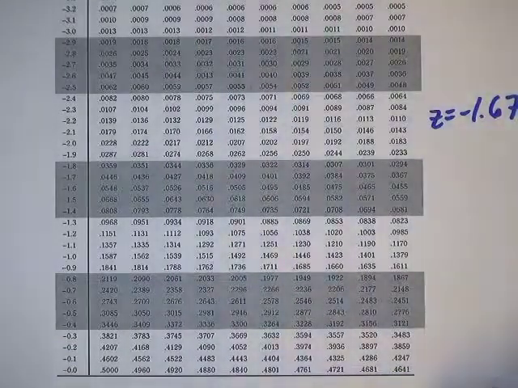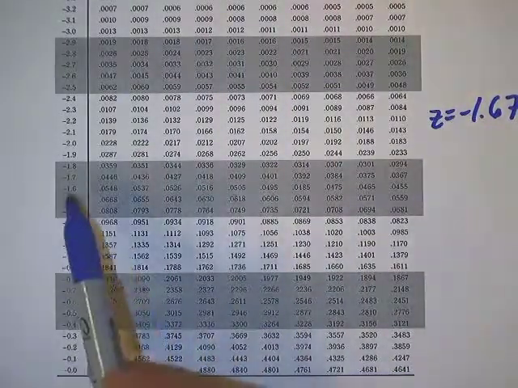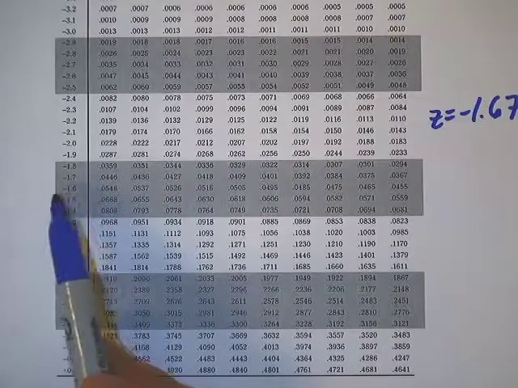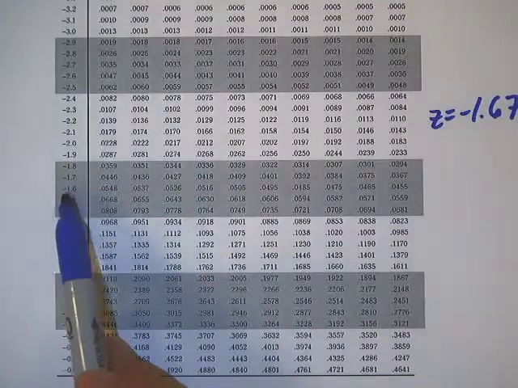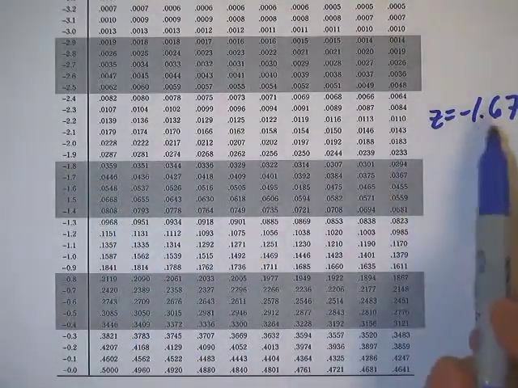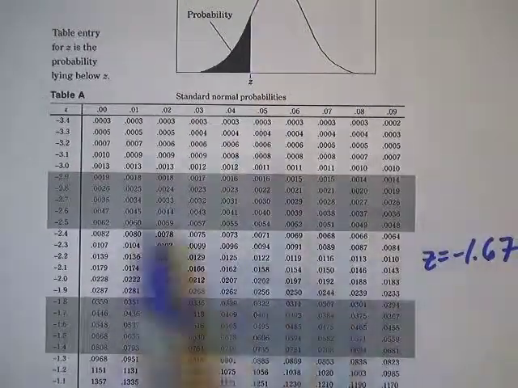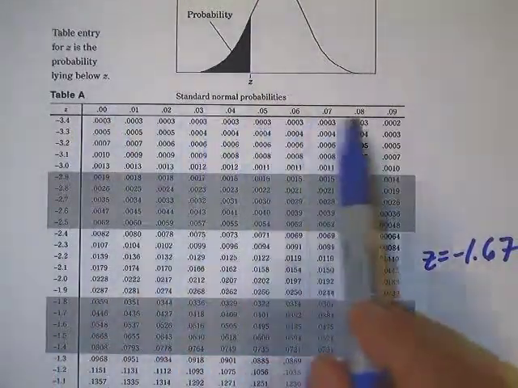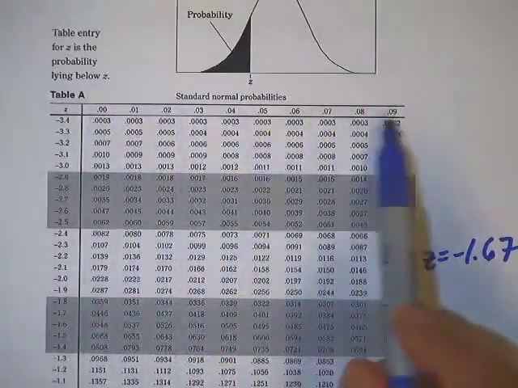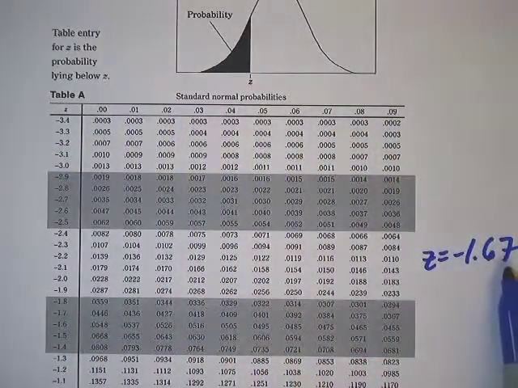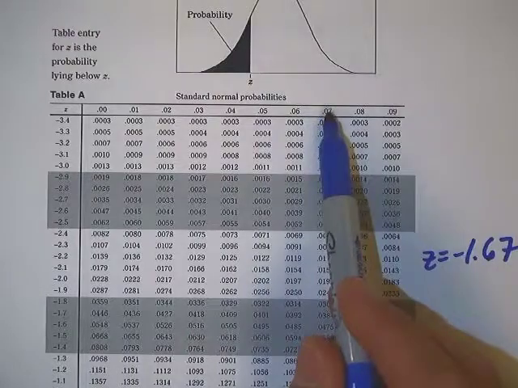So what we're going to do is first look for negative 1.6, which gives me the 1 and the 6 part. Then up along the top of my table, these values represent the hundredths place, so I need to look for 07 here.